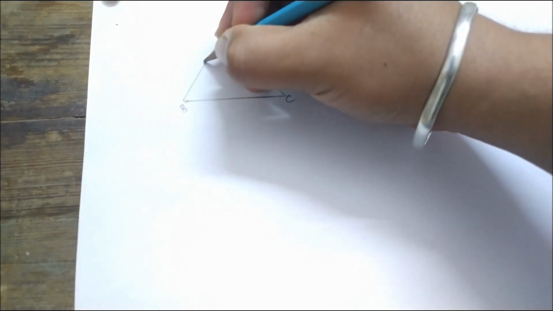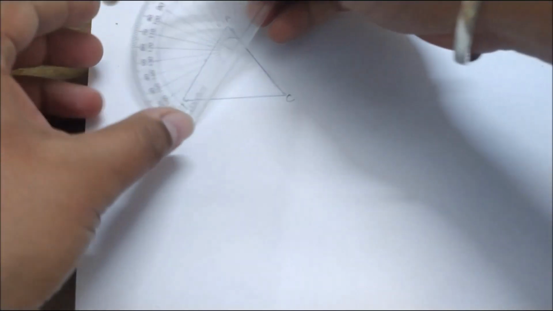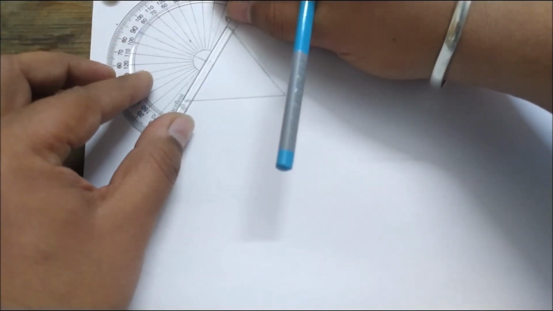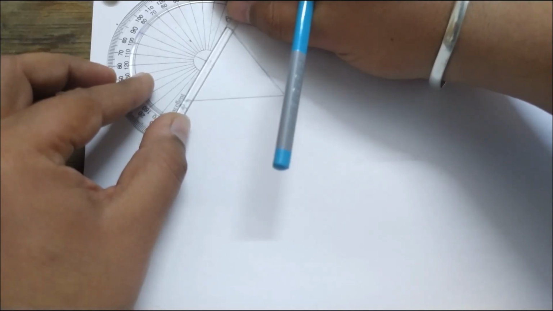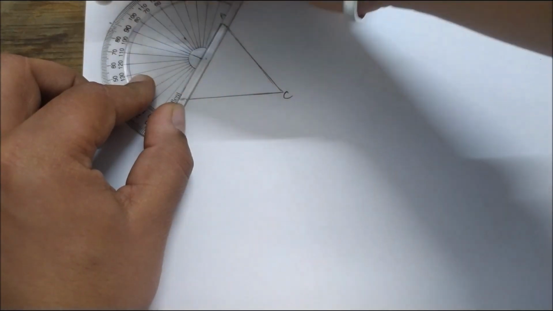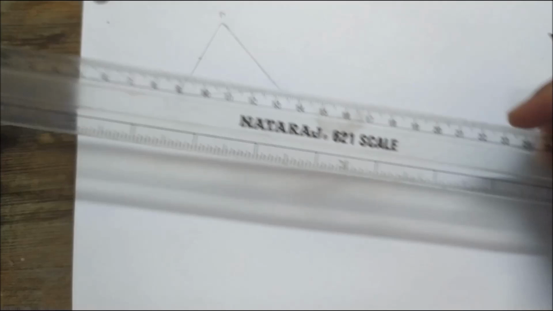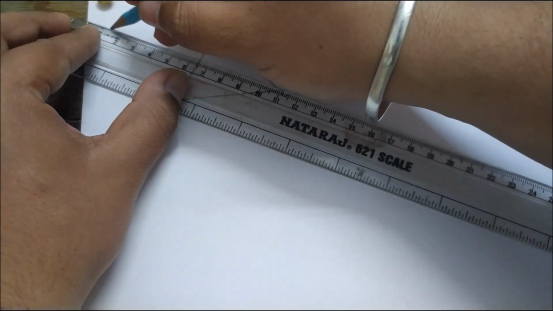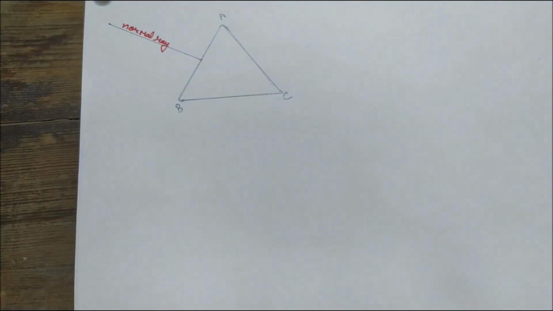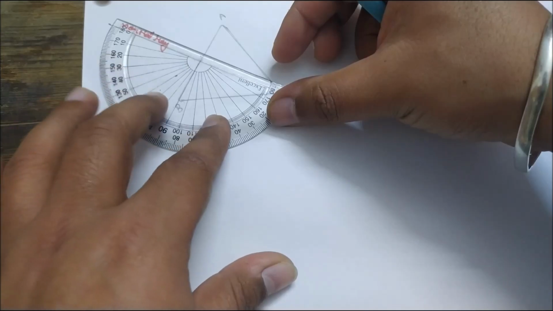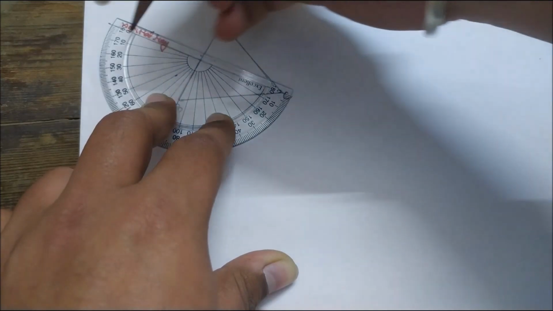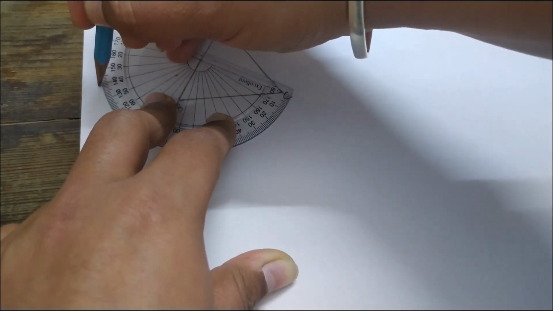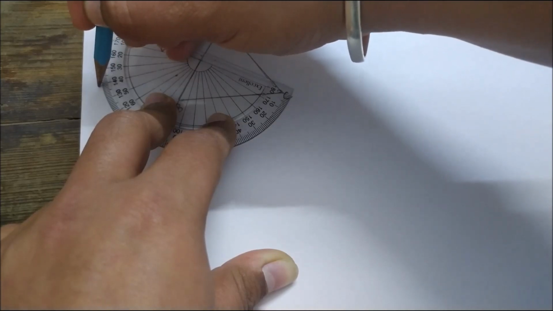Draw a normal on the surface AB using the protractor. At the point of intersection of the normal and the surface AB, draw an angle of incidence of 40 degrees.